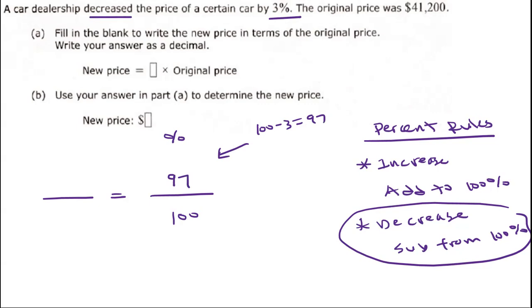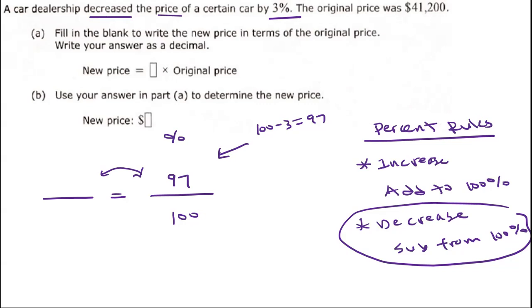Now the tricky part is trying to figure out what this number correlates with. If we go back to the problem, it says a car dealership decreased the price of a certain car by 3%.